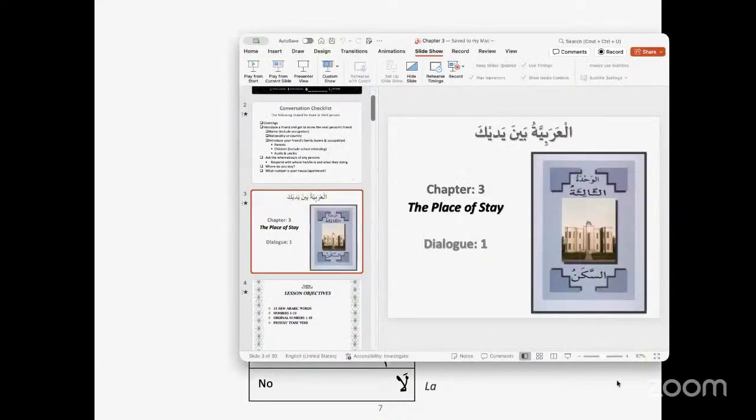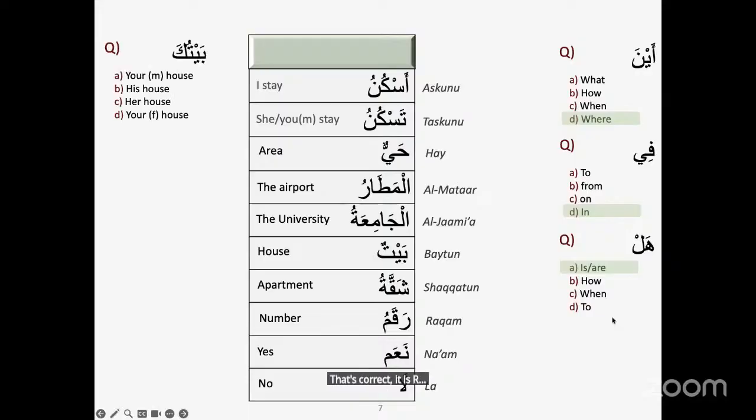That's correct. It is or do, right? It could be do as well. Okay.